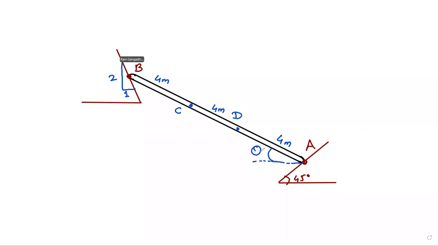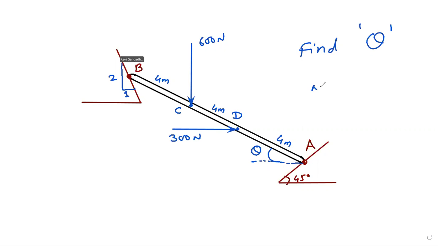This is theta. 600 Newton vertical force, 300 Newton horizontal force. So find theta. Neglect friction.